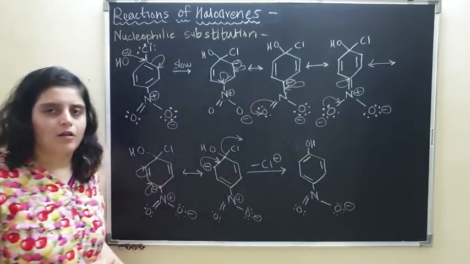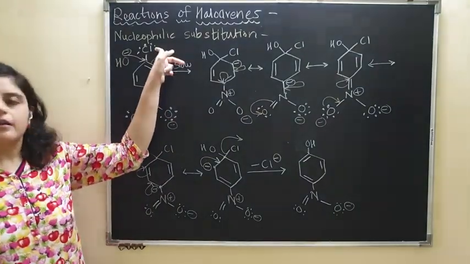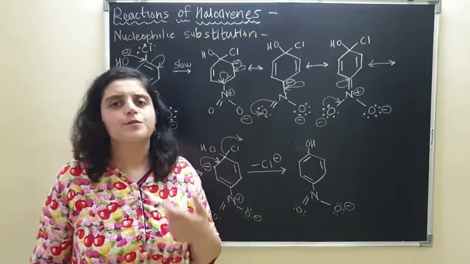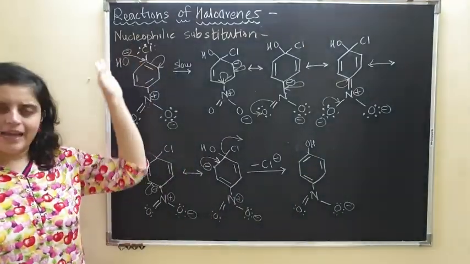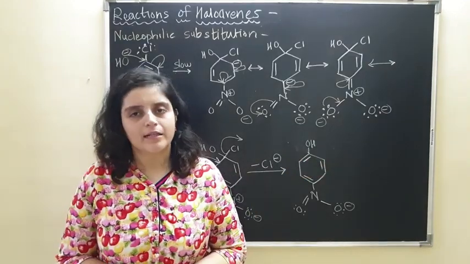And Cl is already gone. So now if you observe, our reactant had chlorine, but our product has an OH group. So we can say that this Cl is successfully replaced by the nucleophile OH minus.